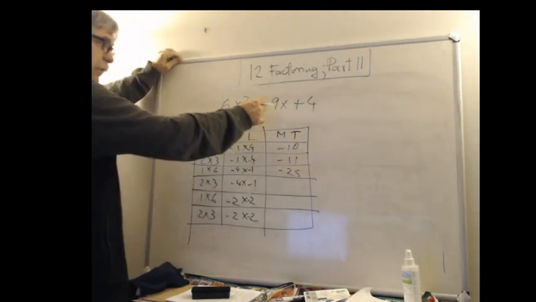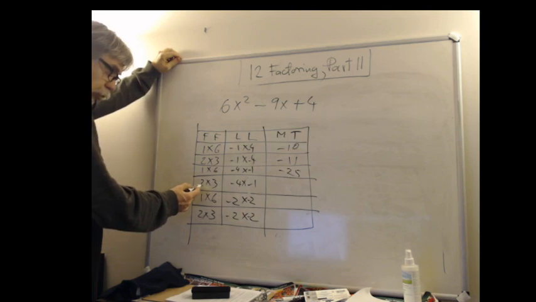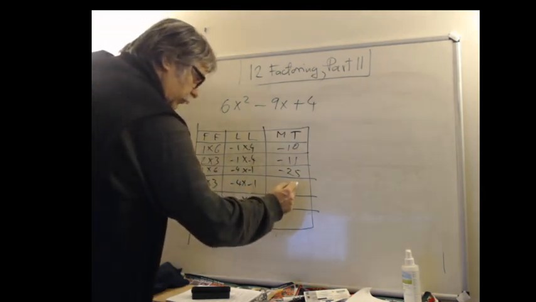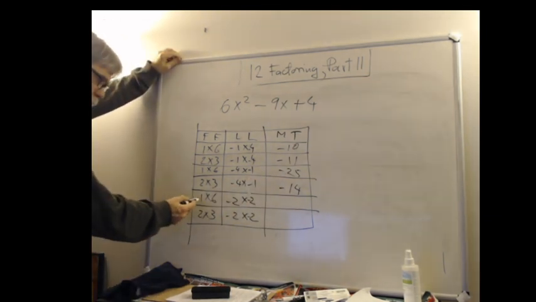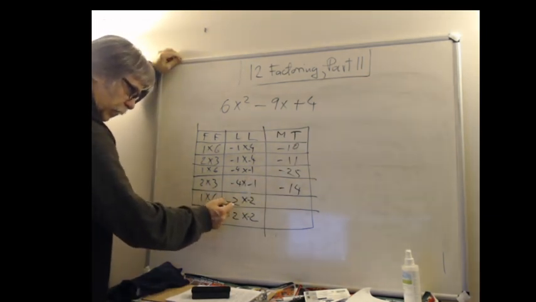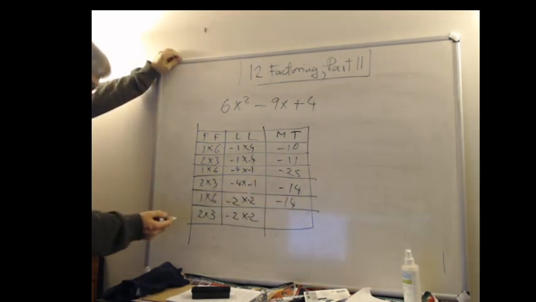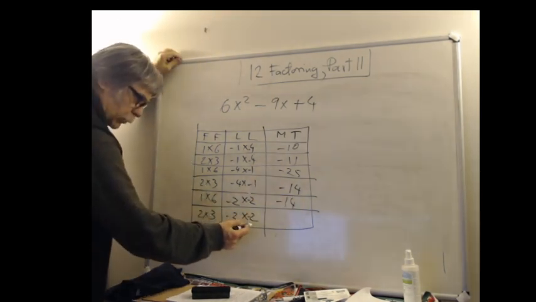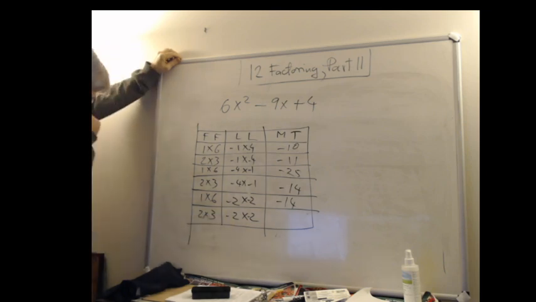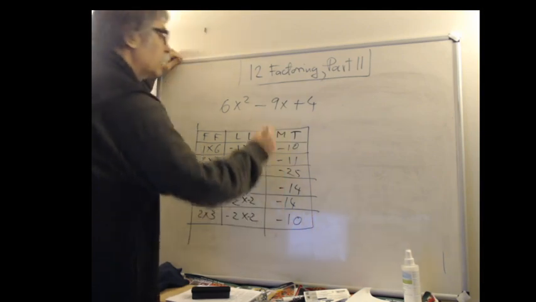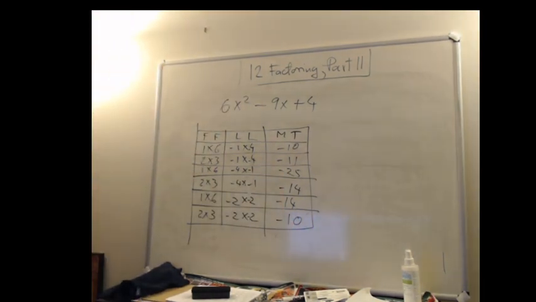We're far away from this. 2 times -1 and 3 times -4, that's -14. 1 times -2 and 6 times -2, that's another -14. Neither of them works. 2 times -2 and 3 times -2, so that would be -10. Close, but no cigar. None of them is -9.